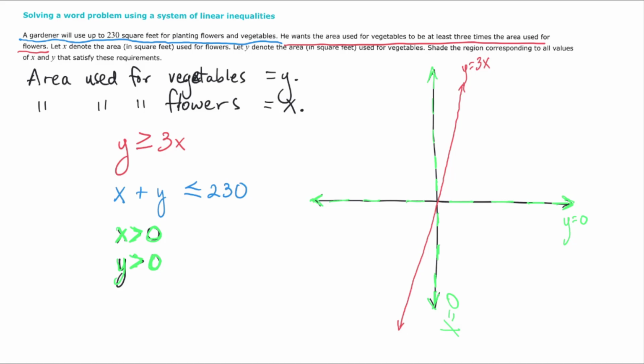What about the blue line? The line here is going to be something like this. Remember, this graph is not to scale. The blue line is something like that, right? There is a y-intercept here that's very convenient. That is actually 0, 230. So the y-intercept translated to an ordered pair is right there.